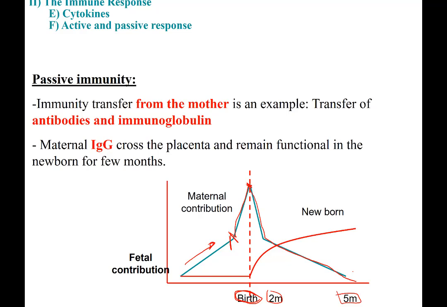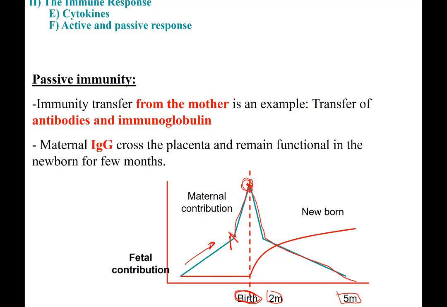When the mother is breastfeeding, in the milk there are a lot of immunoglobulins, and if the baby is taking those IgG, especially IgG and IgA, they will also be transmitted from the mother to the baby. If the mother is not breastfeeding, then obviously at that point there is no more passive immunity, and the contribution of the mother drops to 0.